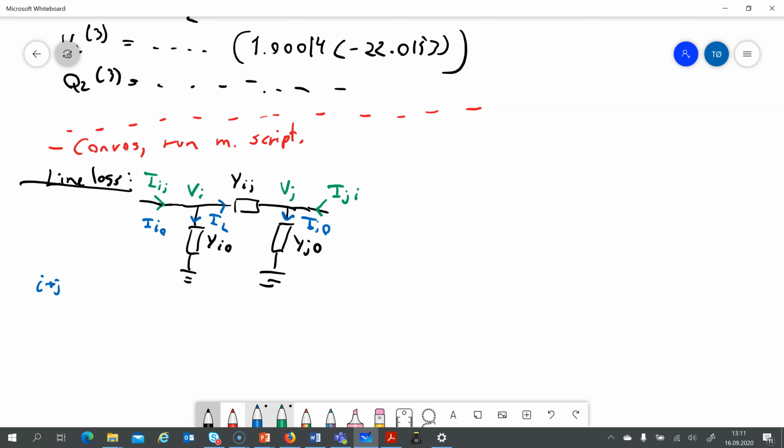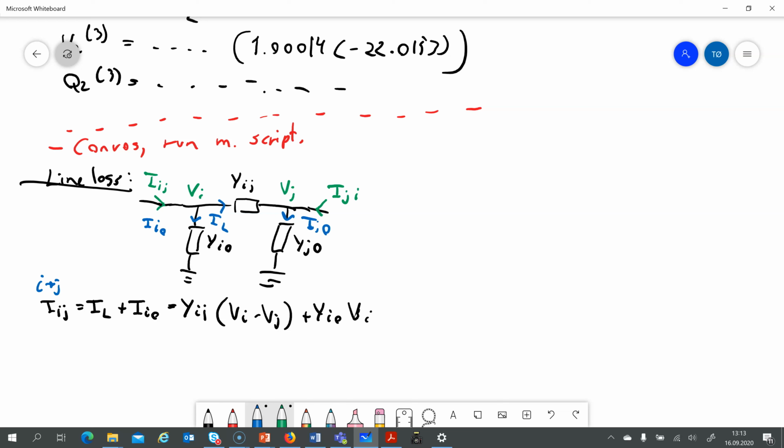So if we take from I to J as a direction, we can write Iij is equal to IL plus Ii0 equals Yij times (Vi minus Vj) plus Yi0 times Vi. Let's just take this again. This is the Vi.